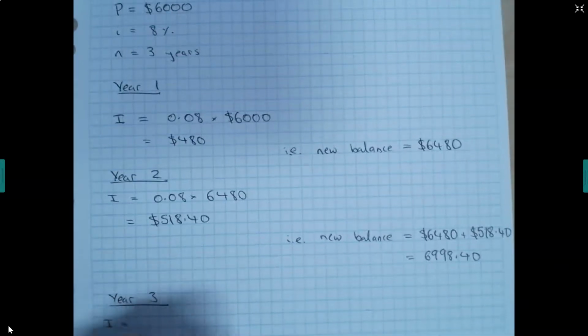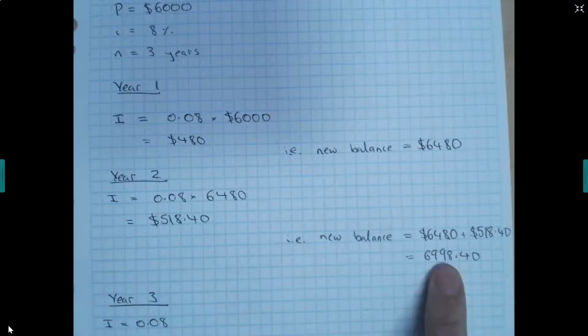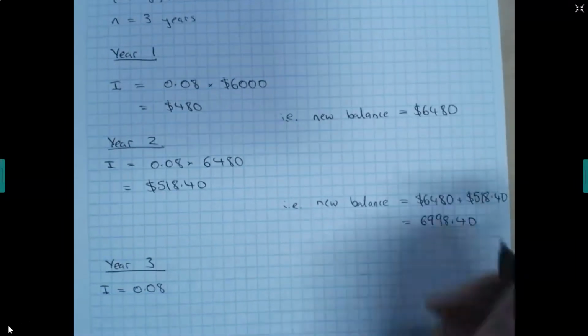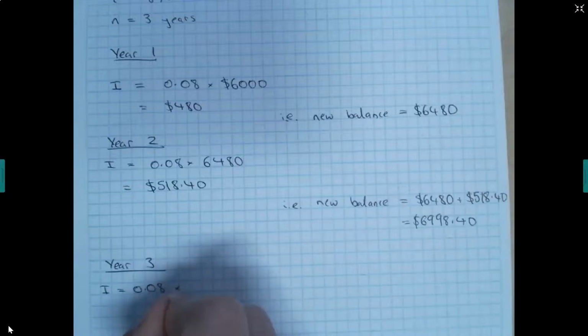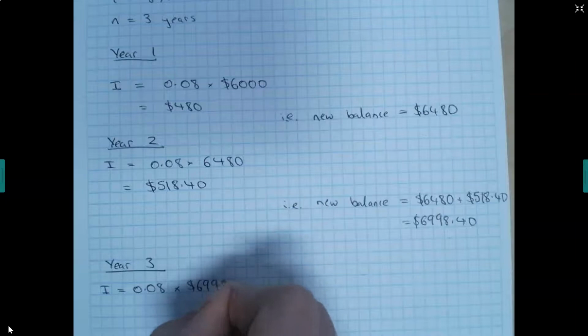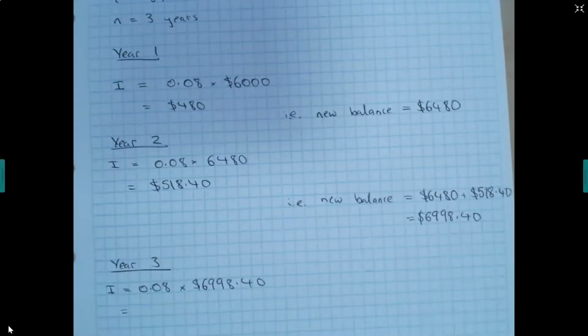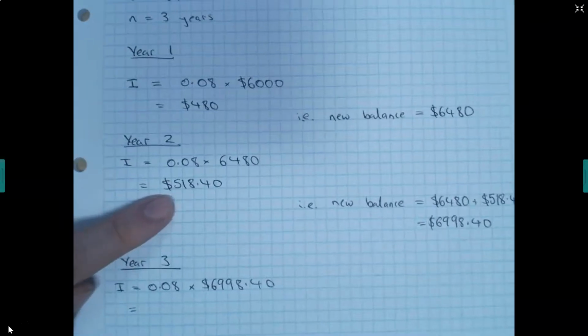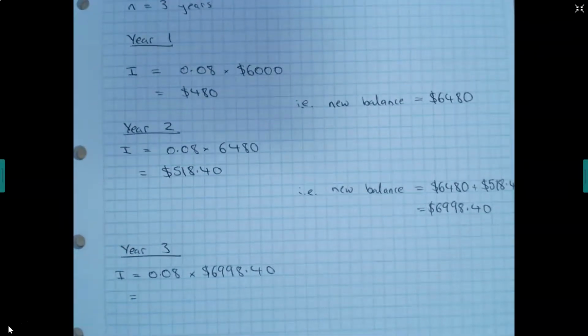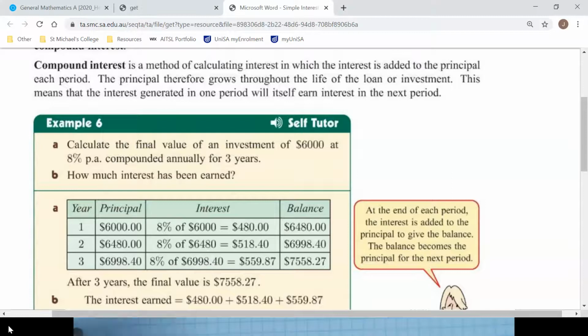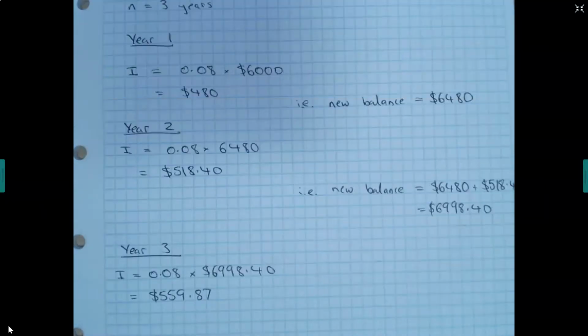We're finding the 8% of our last balance, which was this amount here. So you would assume, again, that the interest is going to be more than it was before. So the interest comes out as $559.87.